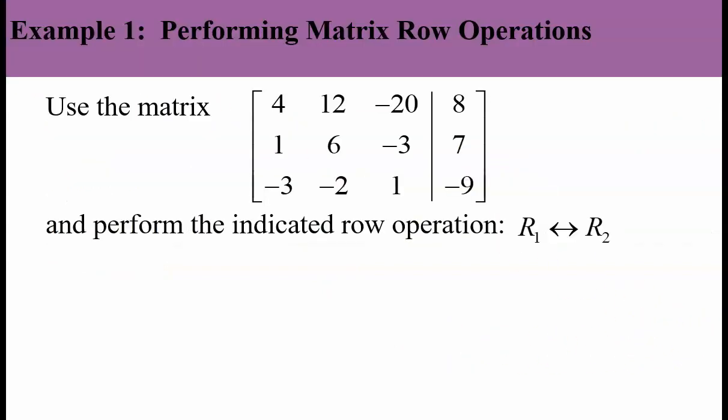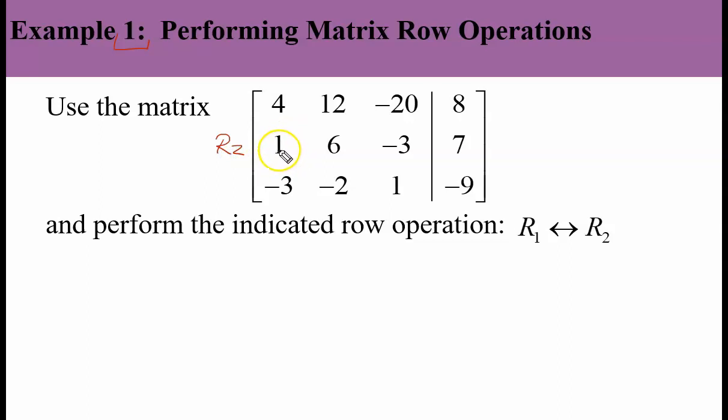Now, if you're taking notes on this, you should be using our example numbers. This is example 1. And here's our given matrix. Now, one of the first things you do is study it a little bit. And you might say, oh, look, row 2 here has a 1 in its first position already.